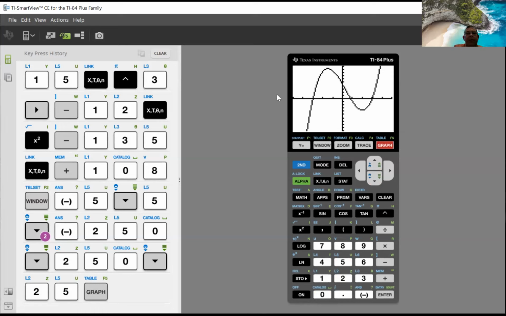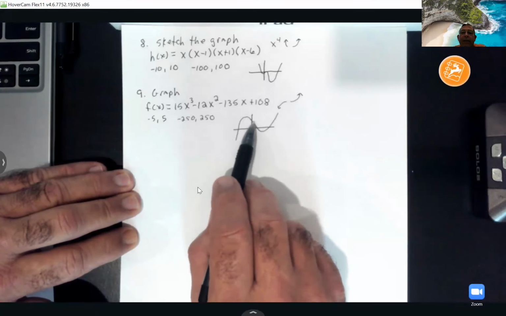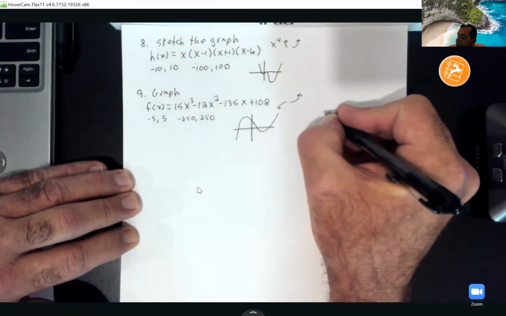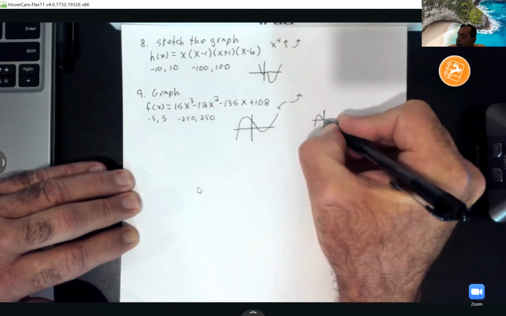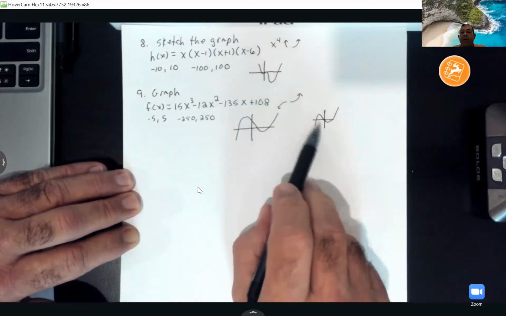Now I'm going to show you something on this one. When you look for the picture on this one, remember, ours has a little bit of space right here. They have another picture where the graph comes up and it goes right through the center, then goes up. Okay, so beware of that.